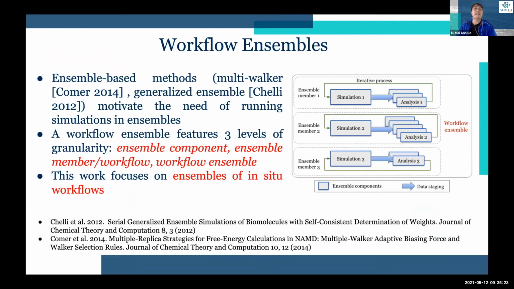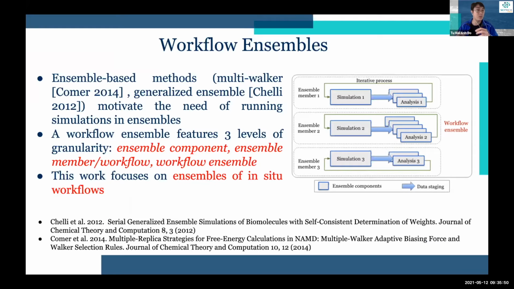Okay, and from another perspective, the HPC system also allows us to run at the same time a series of simulations due to the powerful computing power.